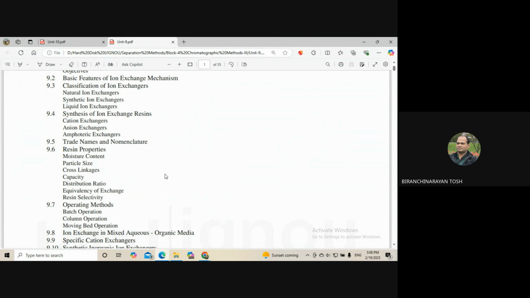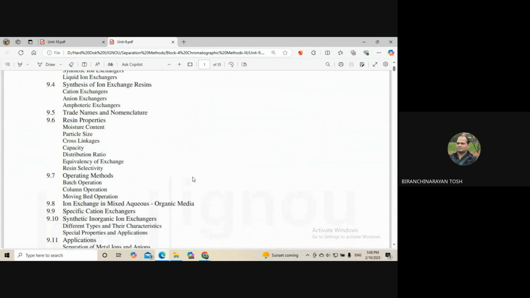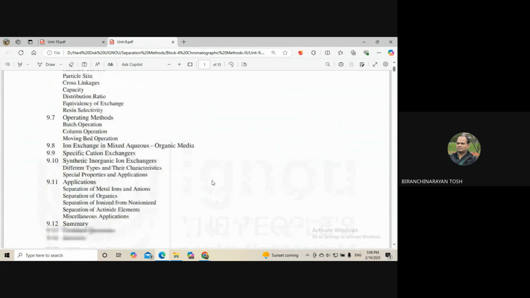Then the operating methods, both batch operation and column operation, and also to give an idea about the moving bed operation. Then ion exchange in mixed aqueous organic media, then specific cation exchangers, synthetic inorganic ion exchangers, then applications.